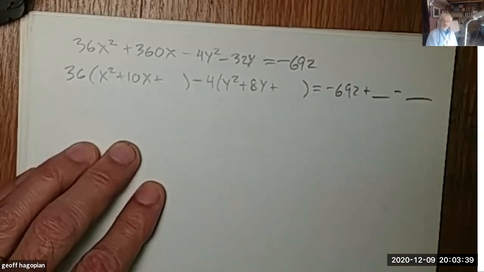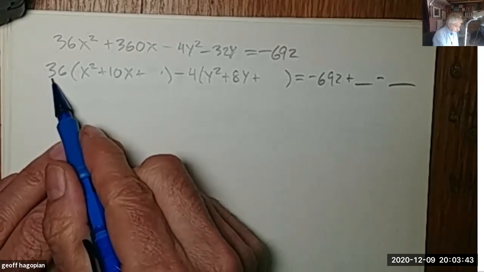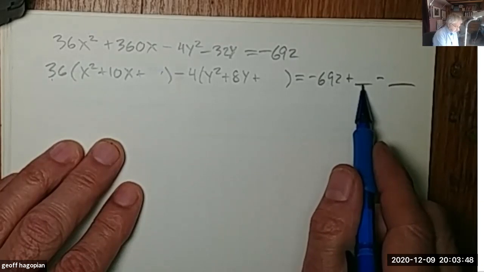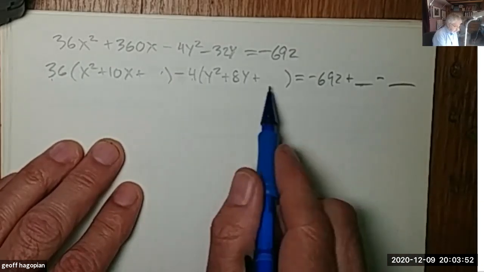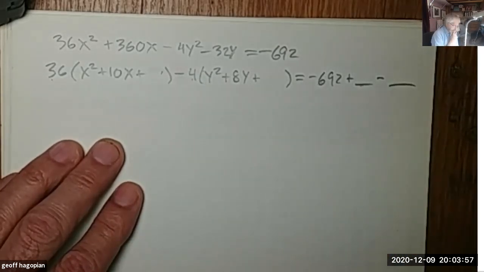So I put in just a couple of blanks right there. I mean, whatever I put in here, I'm going to have to multiply by 36. And since I'm adding that to the left side, I needed to add it to the right side. And whatever I put in here, I'm going to multiply by -4. So I'm going to be subtracting that from the left side. I should subtract it from the right side.